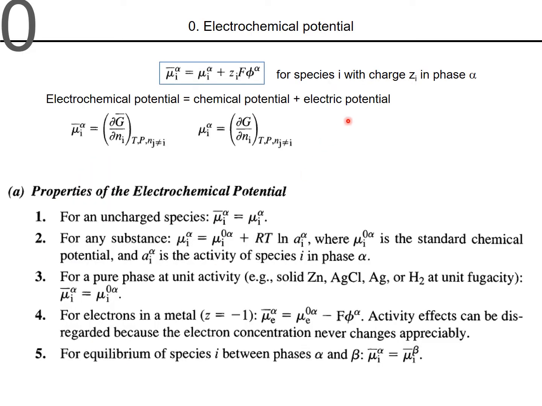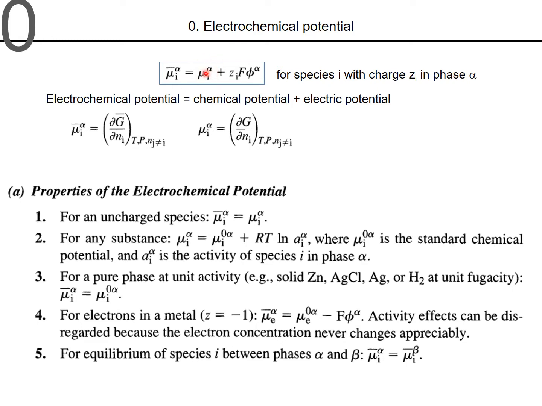Let me start with the concept of electrochemical potential. Electrochemical potential is equal to chemical potential plus electric potential. So, mu sub i with superscript alpha indicates the chemical potential of species i in the alpha phase.